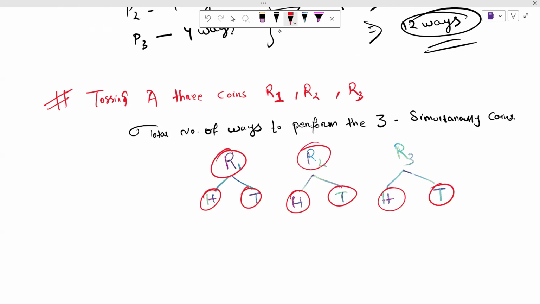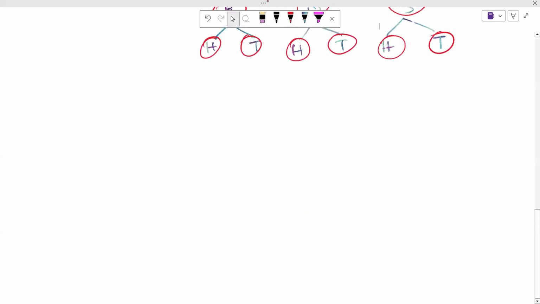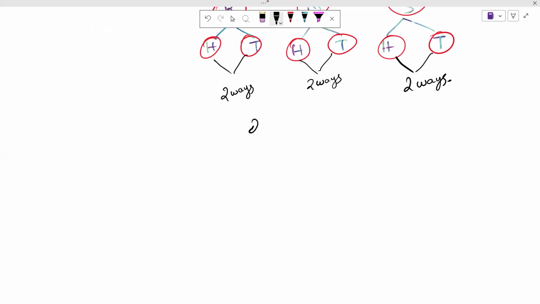So this is 2 ways, this is 2 ways, and this one is 2 ways. So we can say 2 multiplied by 2 multiplied by 2, which is 2 to the power 3.